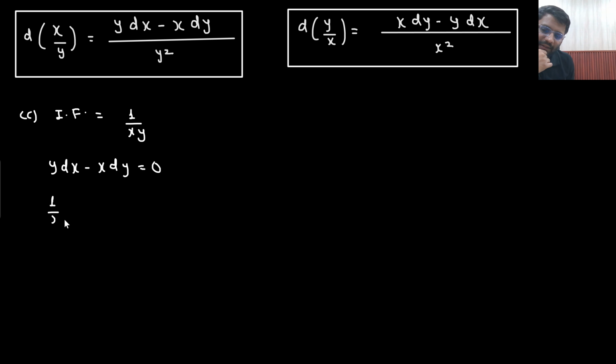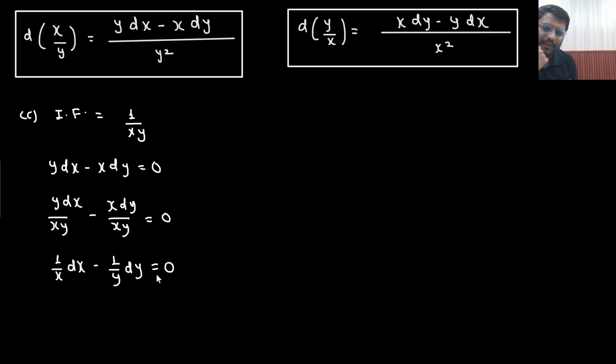So what will I get? y dx multiplied with 1 by xy, so divided by xy, minus x dy multiplied with 1 by xy, so divided by xy. So what you are getting? 1 by x dx minus 1 by y dy. Is it making my equation easier? Is it an exact equation? I don't know whether it is exact or not, although it is an exact equation. What is the value of m?